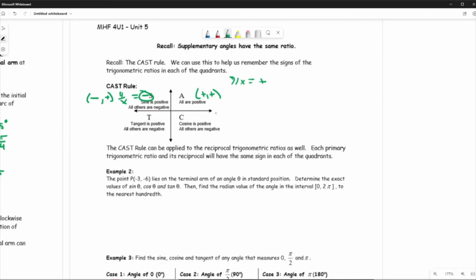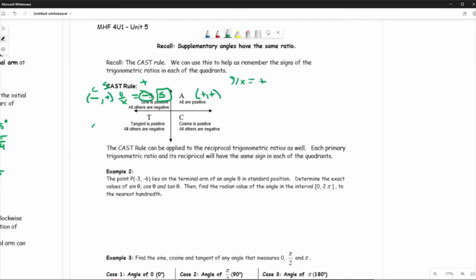Because one's negative, one's positive. Now, why do we call this quadrant S? Because only sine is positive in this quadrant. Cos is negative, tan is negative, sine is positive. So you see, we call this quadrant S.